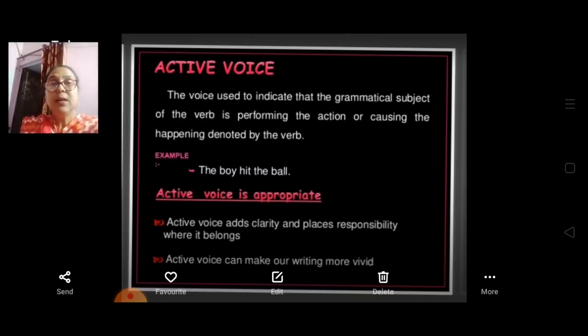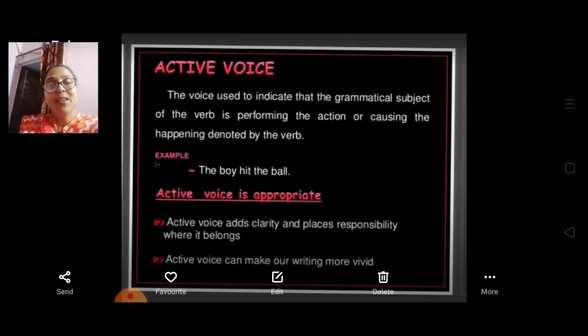Ball is the object over here, because the action is being done on the ball. So the object is the ball over here. So the first thing we should know is that in a transitive verb there will be a subject as a doer, and a verb with an object. Then we will call it active voice.